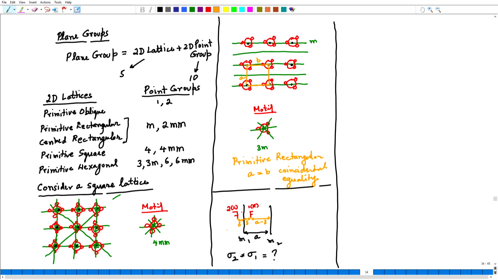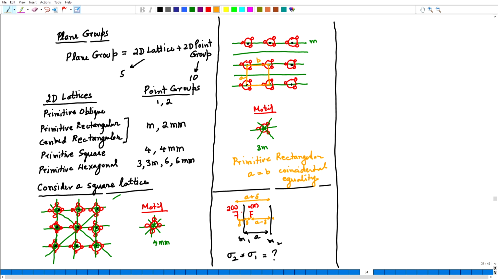The total distance that motif number 2 has from mirror 2 would be delta plus A minus delta, giving me A plus delta. Therefore, mirror 2 will reflect this motif number 2 to the other side of the mirror by the same distance.